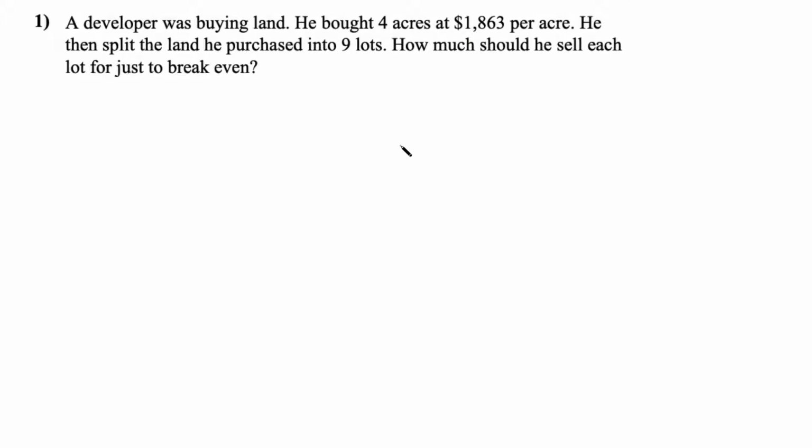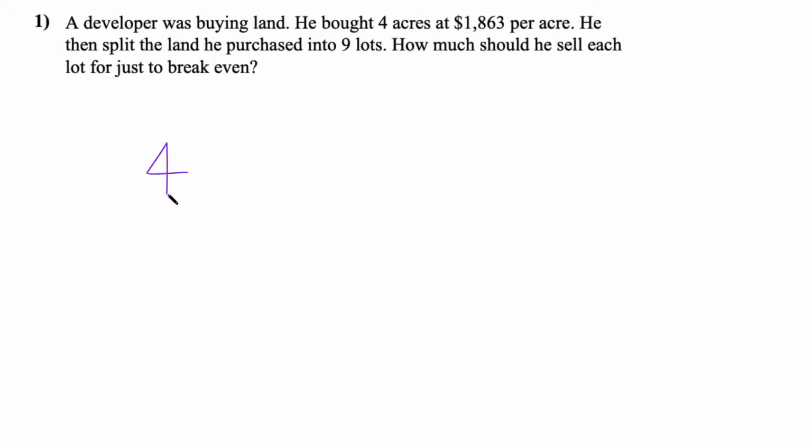So he bought 4 acres at $1,863 per acre. So per acre means for 1 acre, that's how much it costs. But he bought 4 of them. So we know we're going to have 4 acres. That's how many he bought.